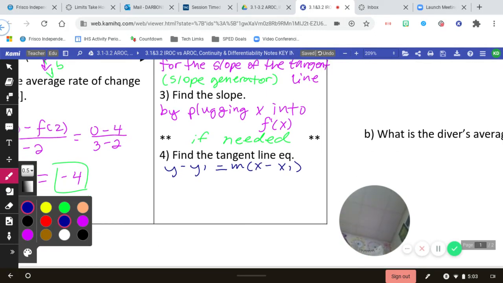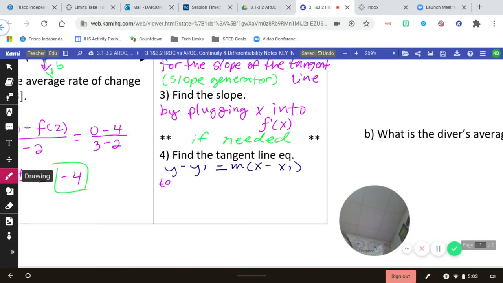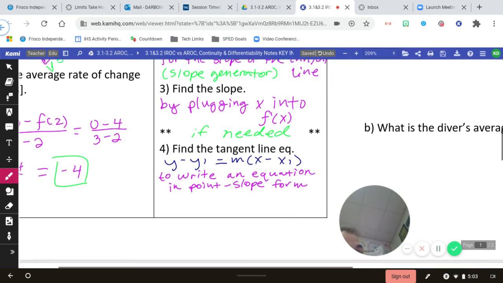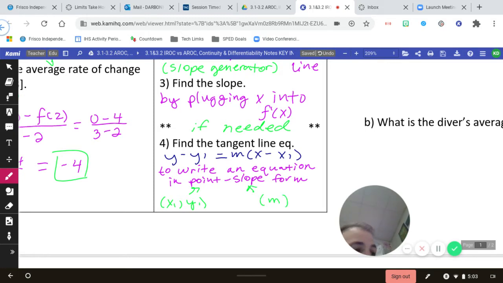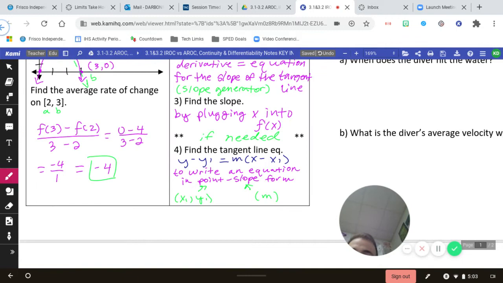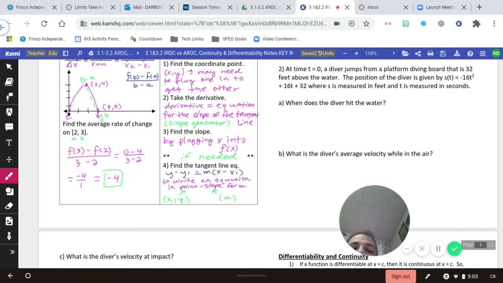Okay, and we use that to write an equation in our point slope form. And remember, our point is x1 comma y1. Our slope is m. So that's just if needed. Sometimes it asks for it, sometimes it doesn't.